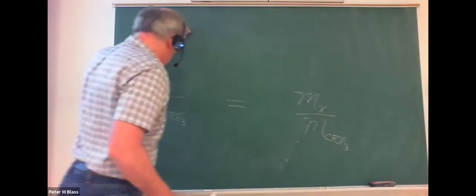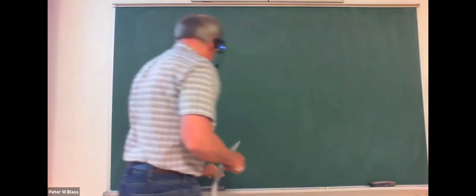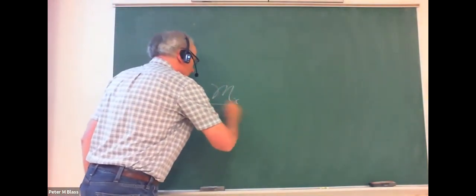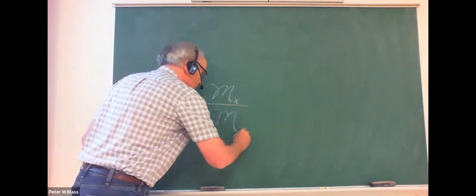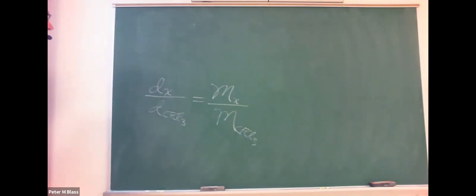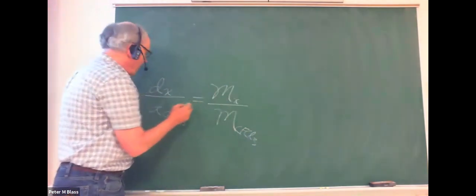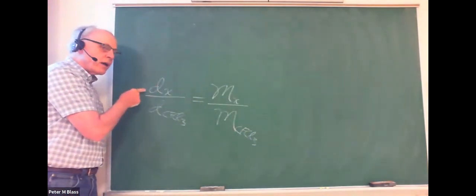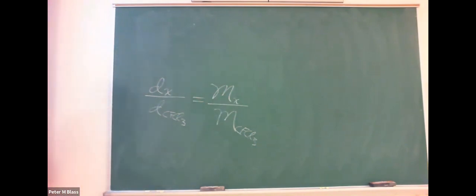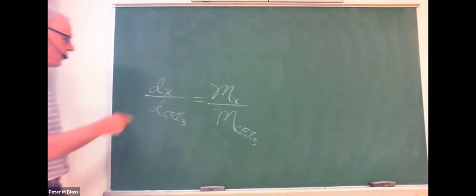Let me clean this up a little bit. I'll just move my molar masses over. dX over d of CFCl3 equals the molar mass of X over the molar mass of CFCl3. They gave us the density of the unknown, 4.38 grams per liter.